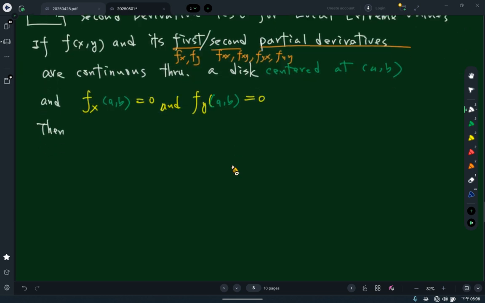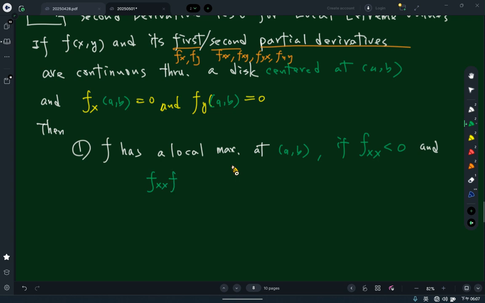four possibilities. The first case is f has a local maxima at this AB if partial squared f, partial x squared is less than 0 and partial squared f, partial x squared times partial squared f, partial y squared minus partial squared f, partial x partial y, squared is larger than 0.